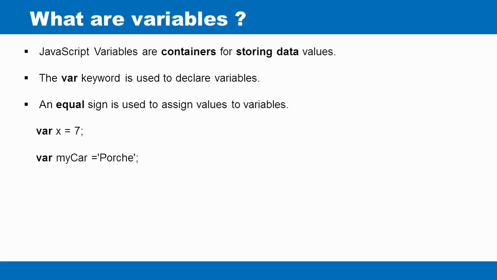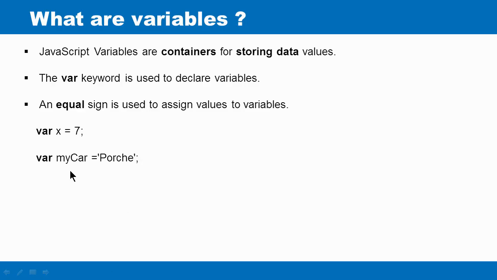You can also declare variables without assigning them a value. So when you declare a variable without a value, it is known as undefined. Once you have defined or declared a variable, you can change its value. For example, here I've already defined a variable called my car.